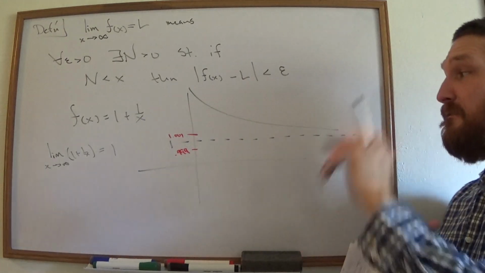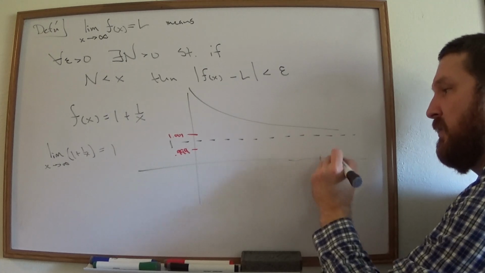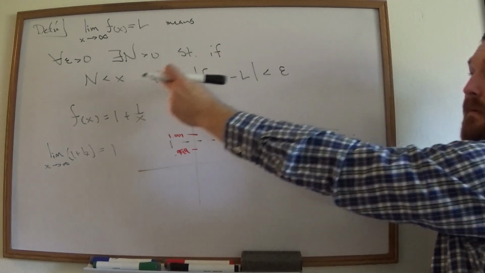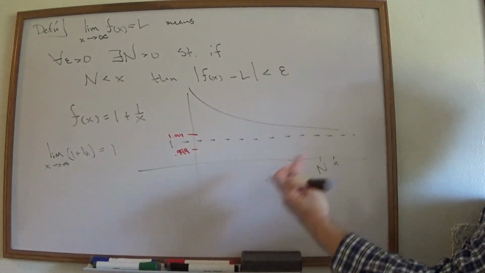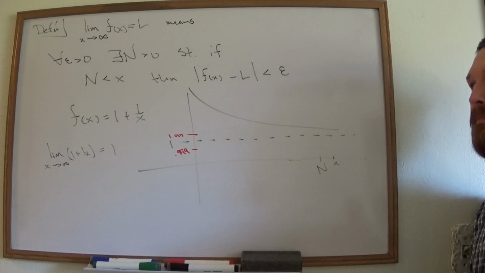Then I can find an n so that whenever x is beyond n, whenever x is past that n, your function is within that tolerance.